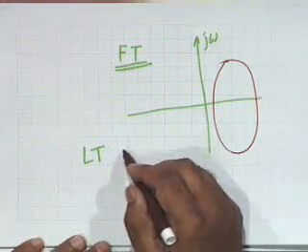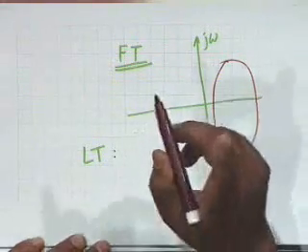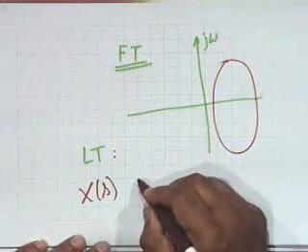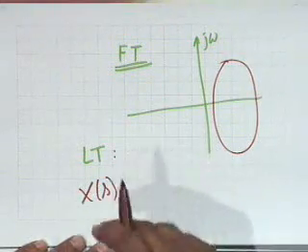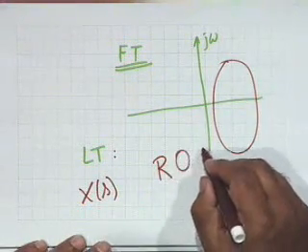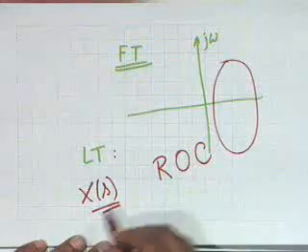And therefore, in Laplace transform, not only the transform is important, but the region in which it exists or converges is also important. Whenever you specify X of s, you must specify not only the expression for X of s, but also the region of convergence, or ROC, of this X of s.